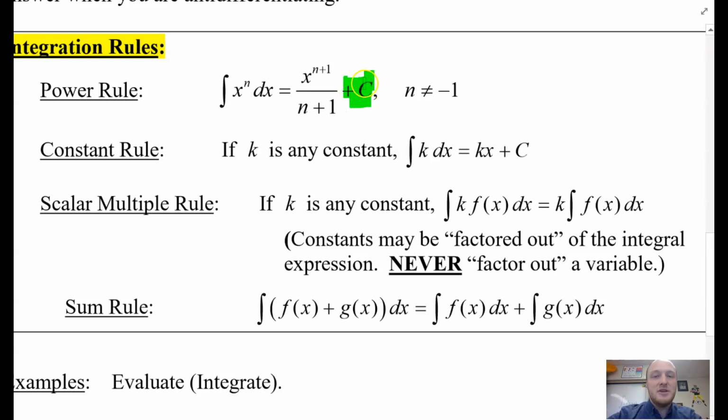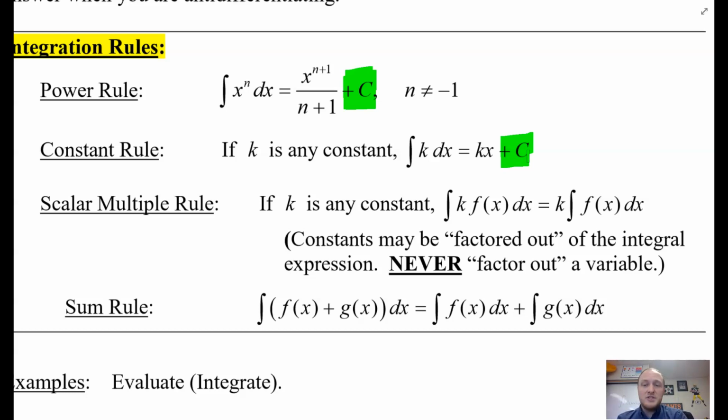I'm going to highlight this because it is a common theme and a common mistake for students. The constant rule: if your integrand is k and you're integrating with respect to x, the integral of that constant is kx plus c. Again, I'll just highlight plus c. Scalar multiple rule: if you have a multiplier in your integrand, you can factor that out, and then multiply it back in after you integrate.